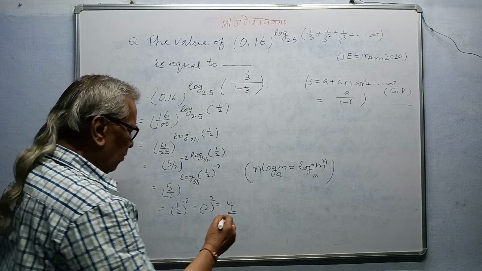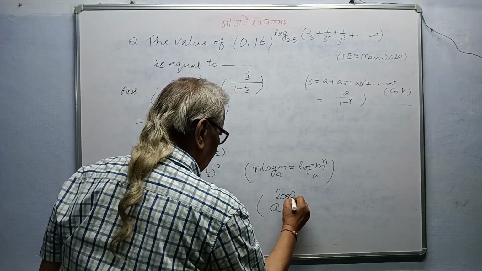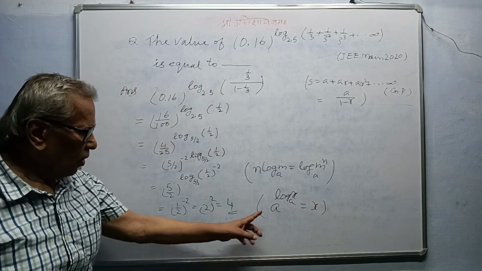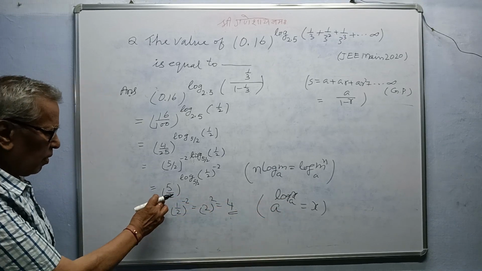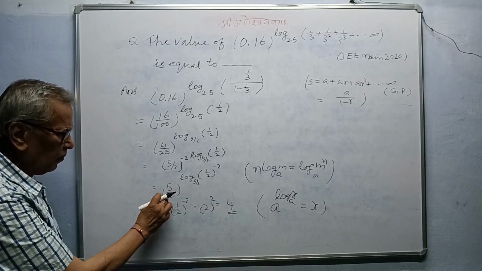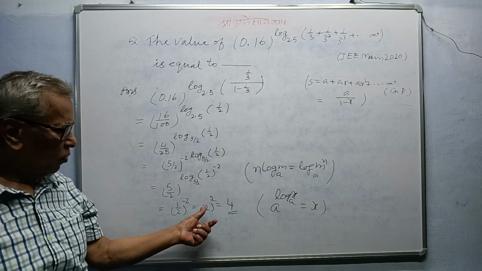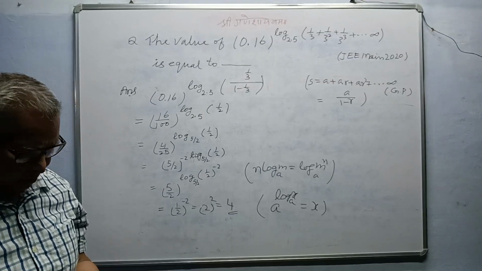Then again we have a formula like this: a to the power log x to the base a is equal to x. So same power, same base, same thing here. So this will go out: half to the power minus 2. So this is 2 to the power 2, which is equal to 4. This is your answer. So 4 is the answer.